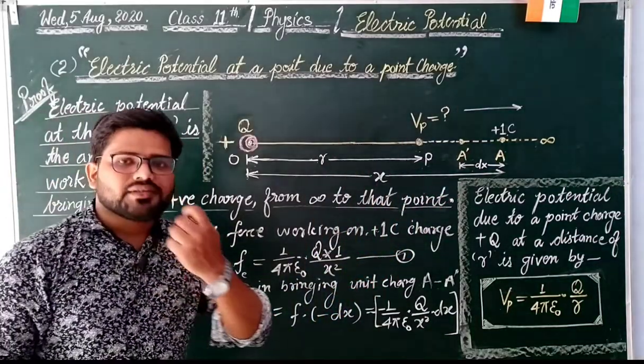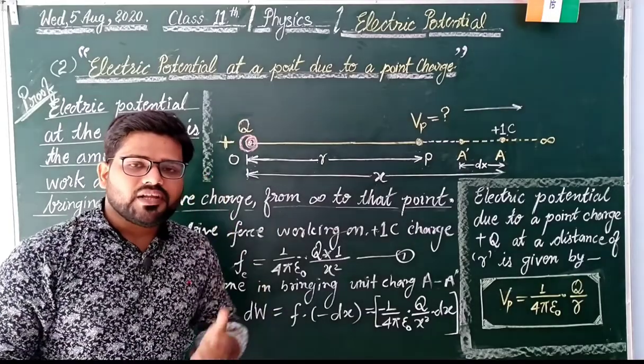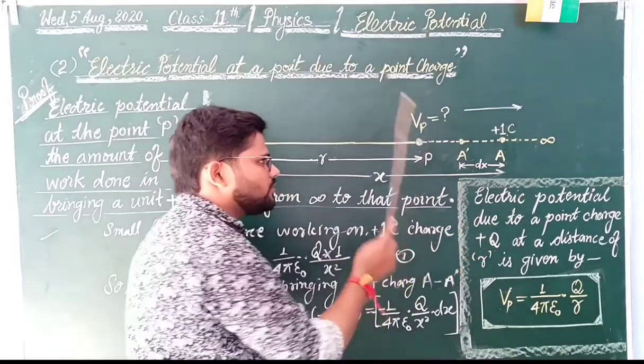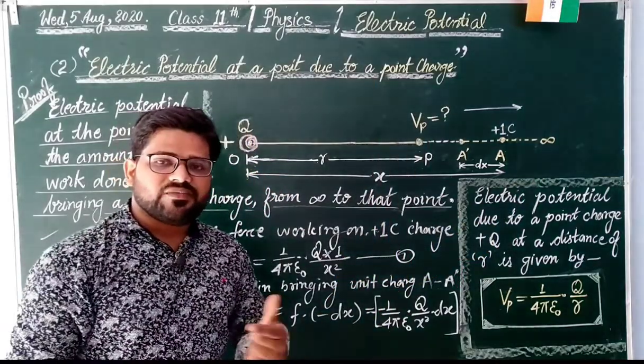Now calculate the total work done in bringing positive charge +1 from infinity to point P. Just use the definite integration.